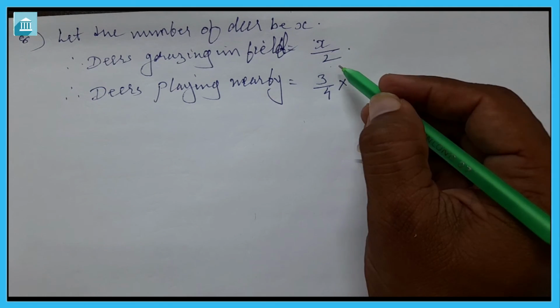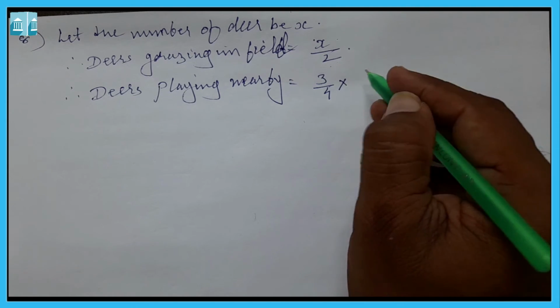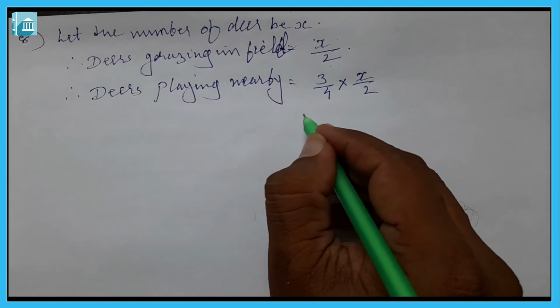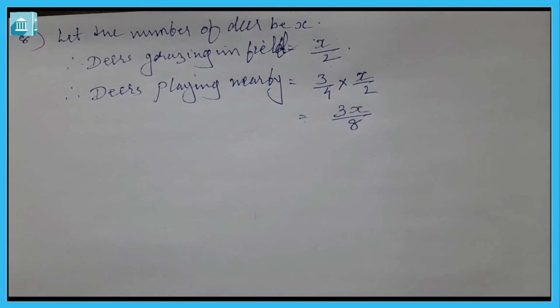Remaining means if x by 2 are grazing, then another x by 2 will remain. So 3/4 of x by 2 will be 3x upon 8. These are playing nearby, and the rest 9 are drinking water.